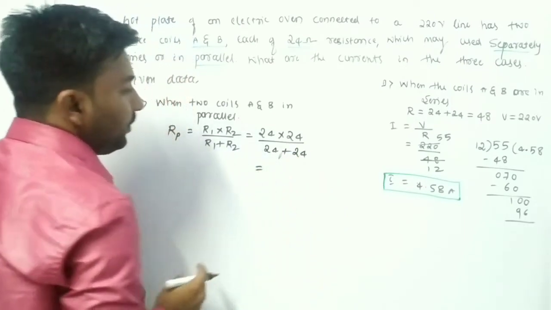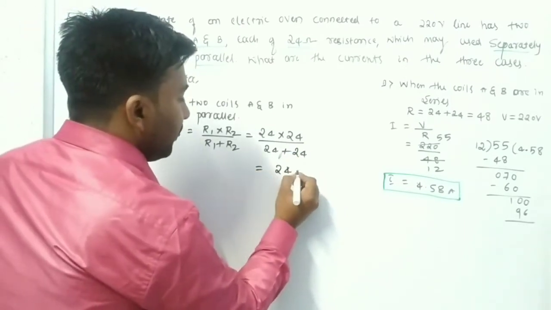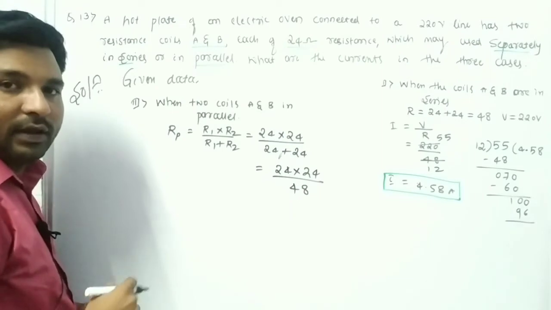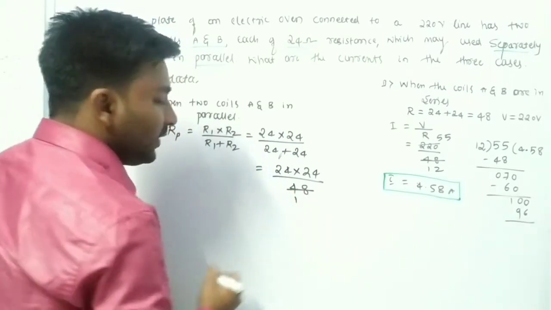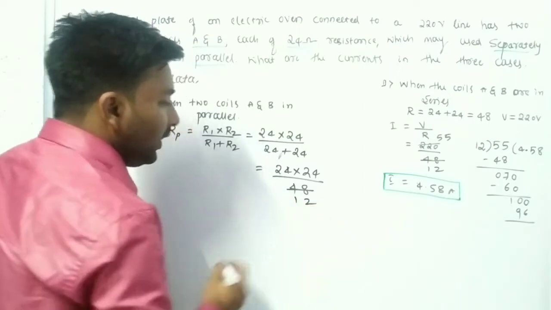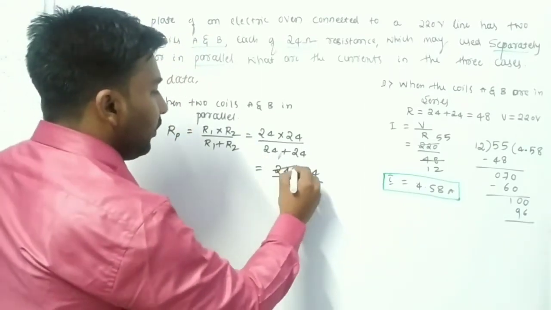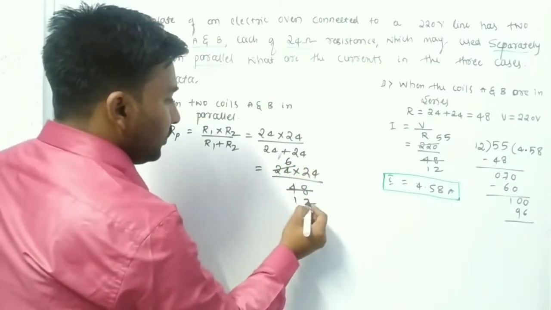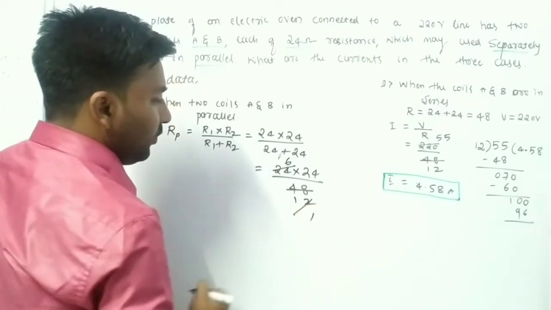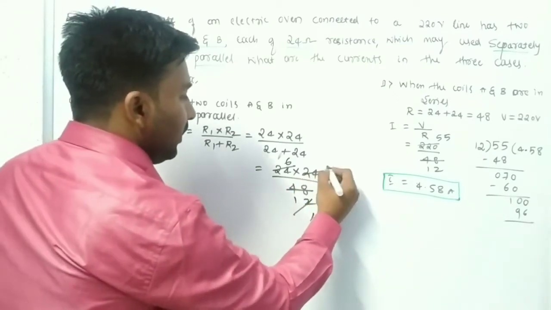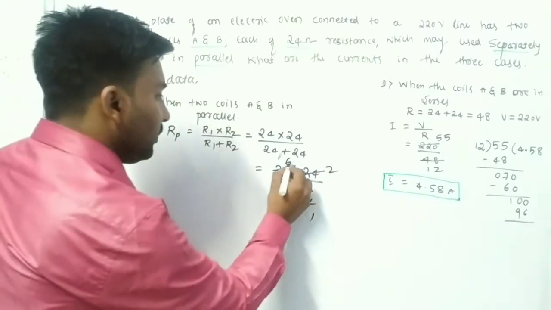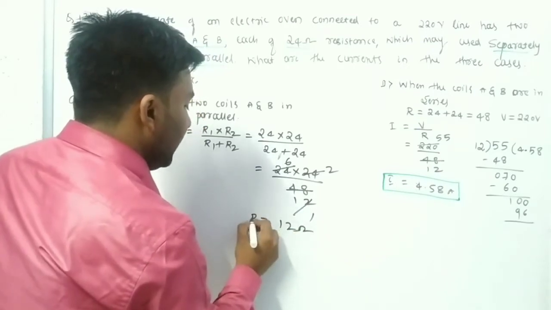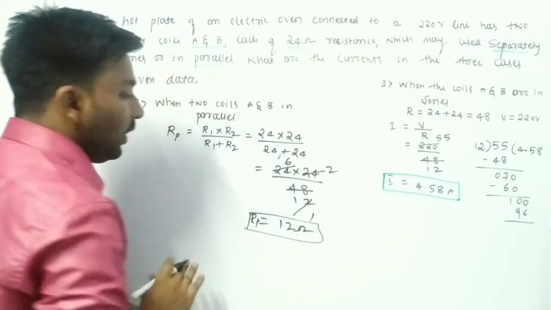So 24 into 24 as it is, adding these two gives 48. Now 4 1s are 4, 4 2s are 8, 4 6s are 24. Then 12 1s are 12, 12 2s are 24. Now 6 into 2 is 12 ohm. So the equivalent resistance is 12 ohm.